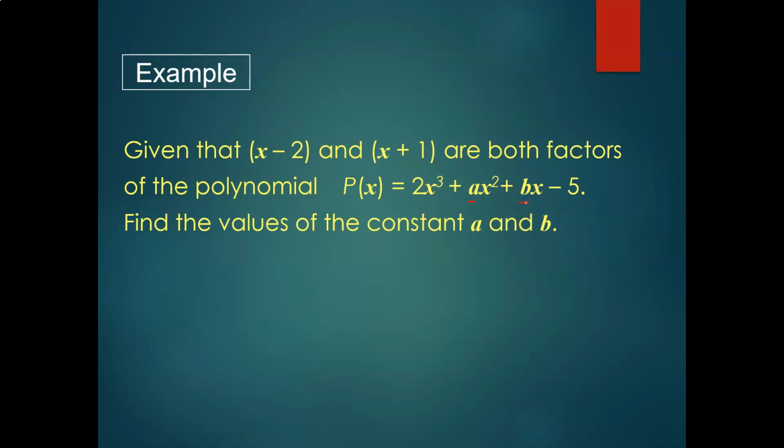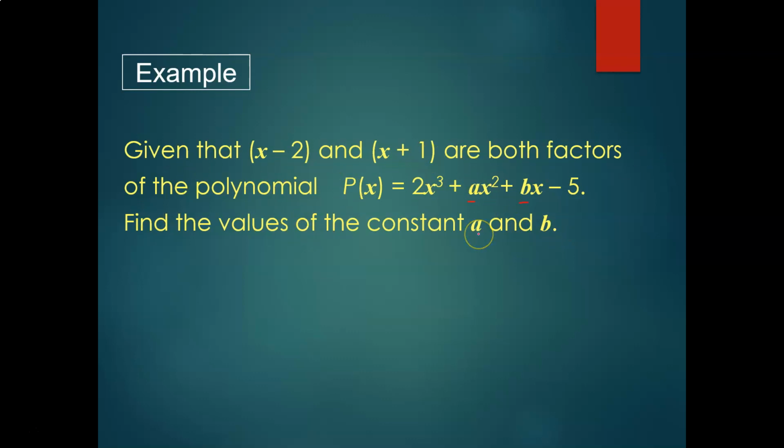I think we have encountered some kind of example like this in the previous subtopic, in the remainder theorem. There was also one where it asked to find a and b, right? So it's kind of similar for the factor theorem.